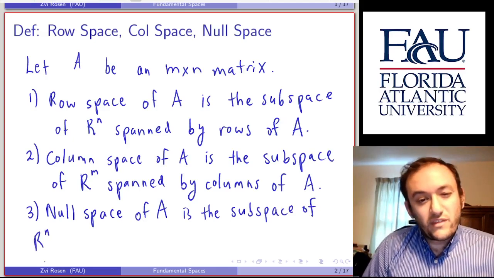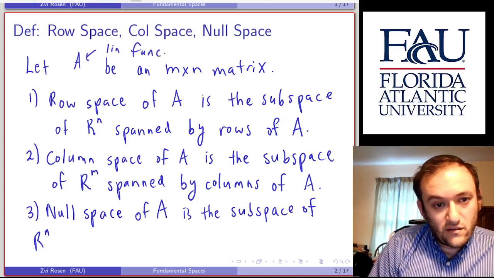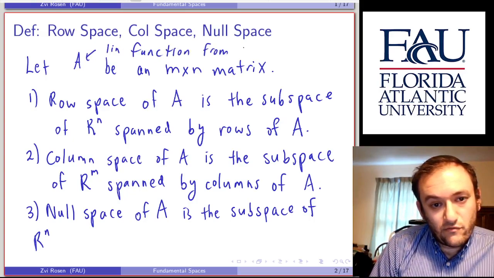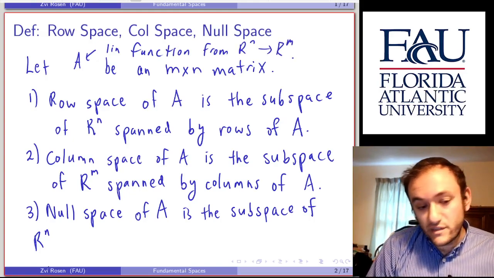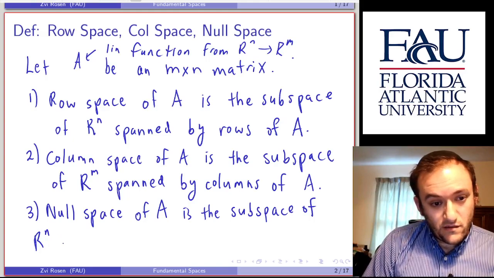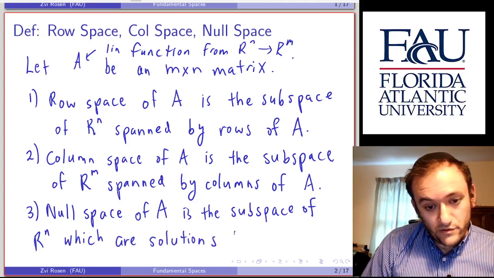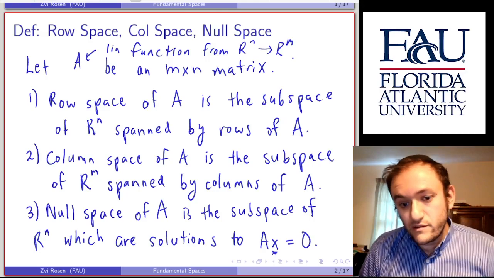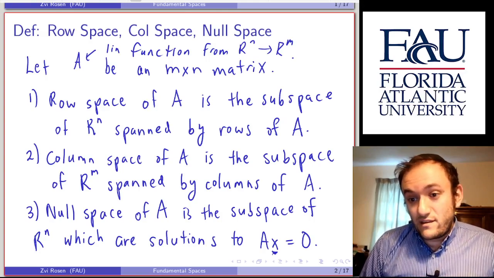If we're thinking about A as a linear function from Rn to Rm, then the null space is the subspace of our inputs, Rn, which are solutions to the equation Ax equals 0, where we're looking for solutions of the form x. So vectors you can stick into this matrix, which give you back the 0 vector.